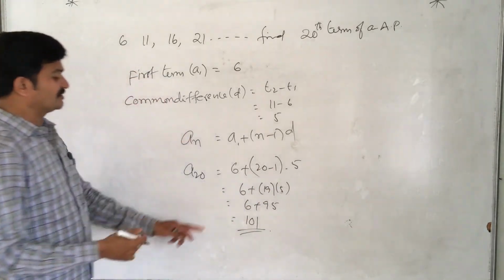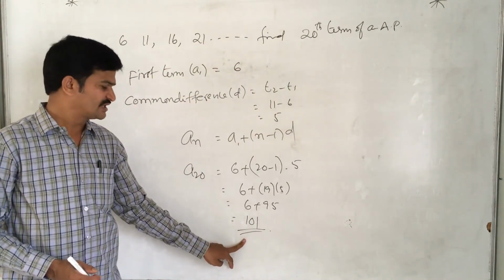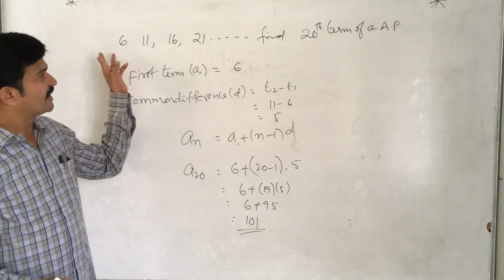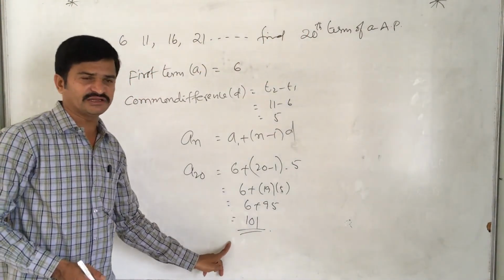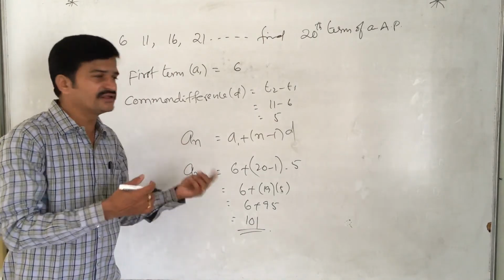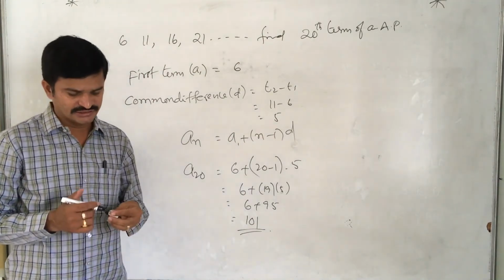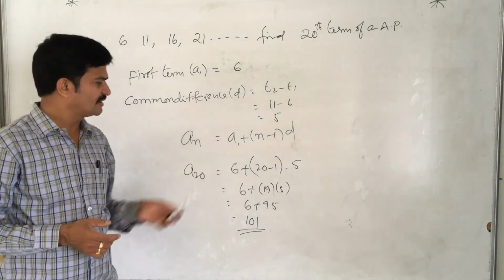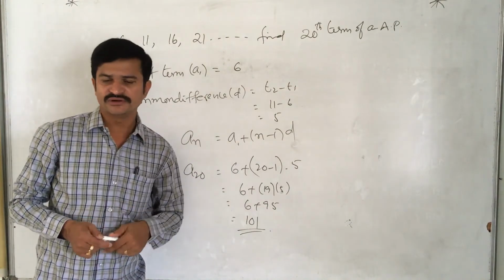So the 20th term of this AP is 101. See, without finding all the terms up to the 19th, we can directly find the 20th term. This is the use of the general term, or nth term, formula: an is equal to a1 plus (n minus 1) into d.